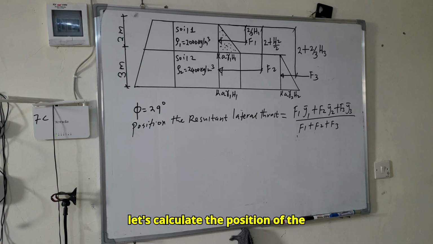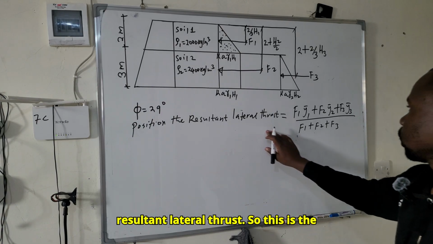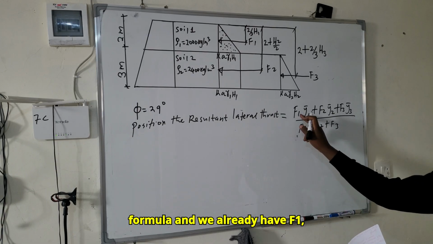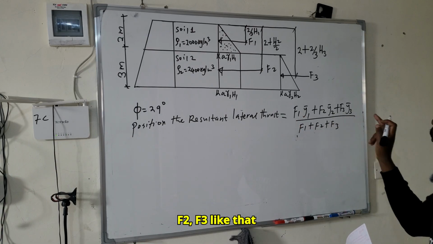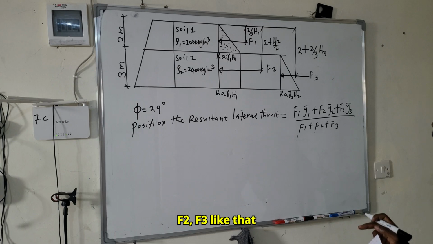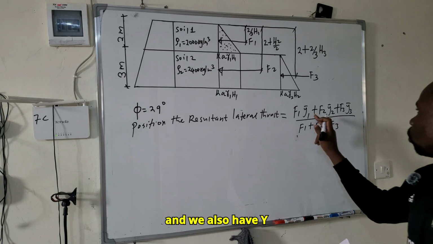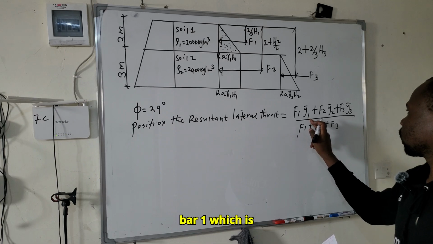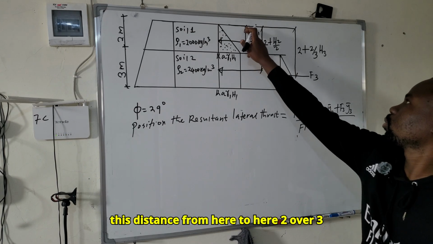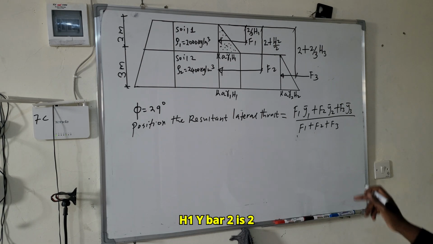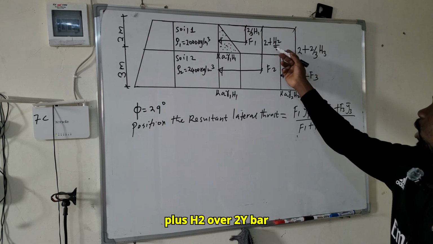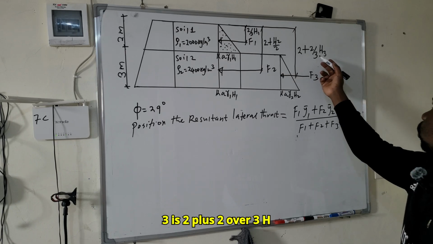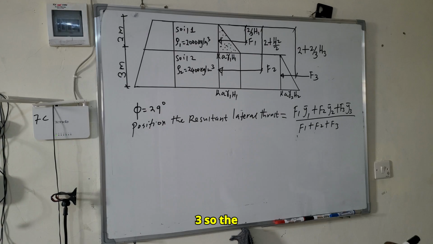Now let's calculate it. This is the formula, and we already have F1, F2, F3. We also have Y bar 1, which is this distance from here to here, 2 over 3 H1. Y bar 2 is 2 plus H2 over 2. Y bar 3 is 2 plus 2 over 3 H3.